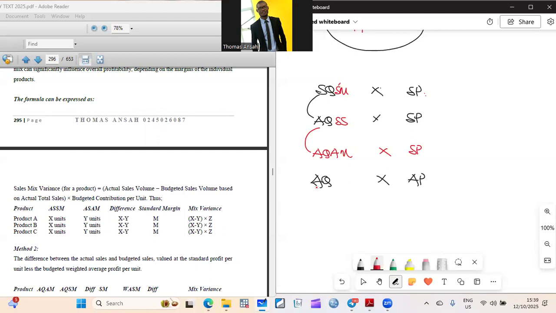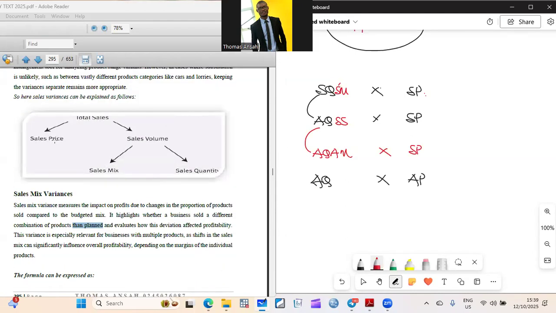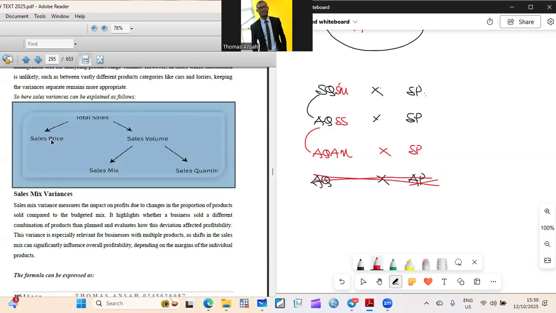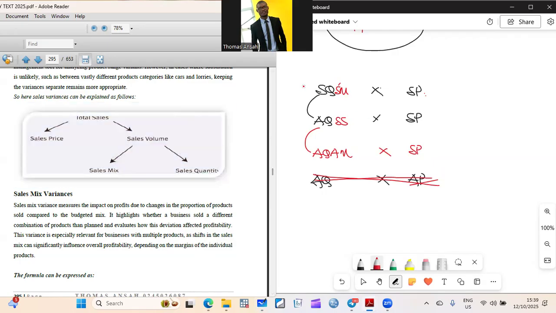Like we told you, this thing we are doing has nothing to do with the price. So we don't need this one. We don't need here. So our focus will be the top there, like the way we did in the usage. All right. Because we are not doing mixes for pricing. All right. So we have two formulas to develop here.